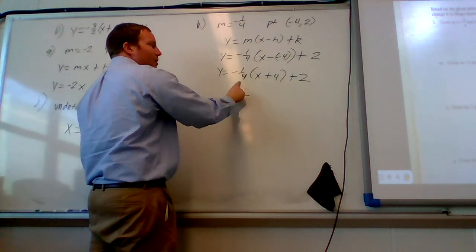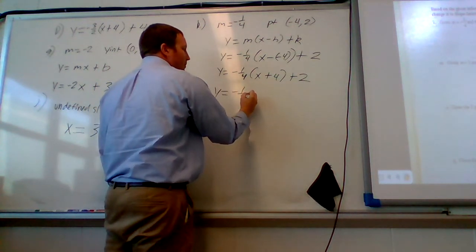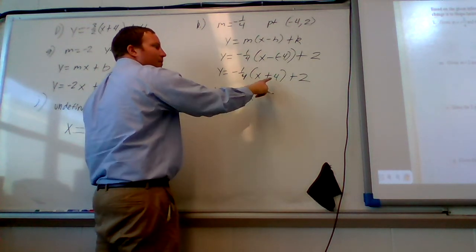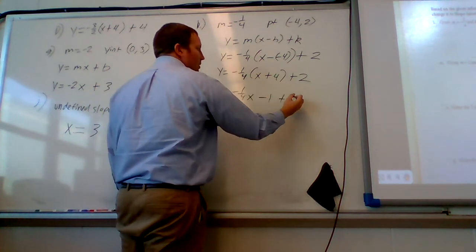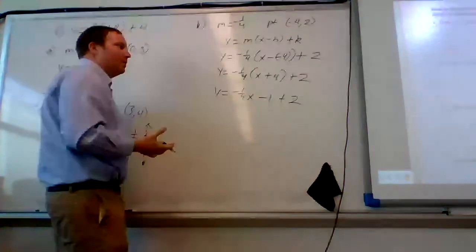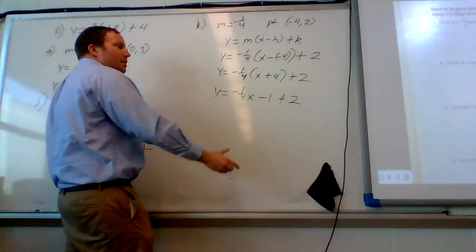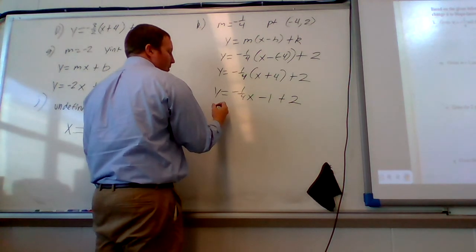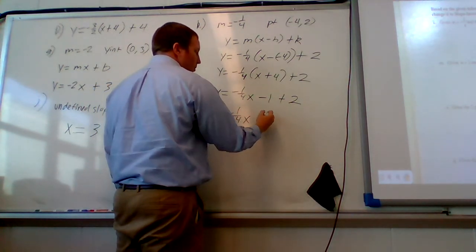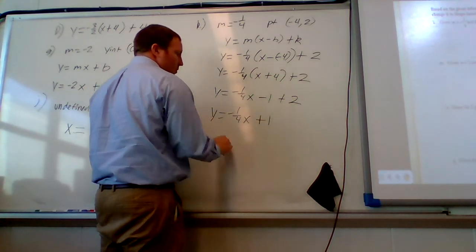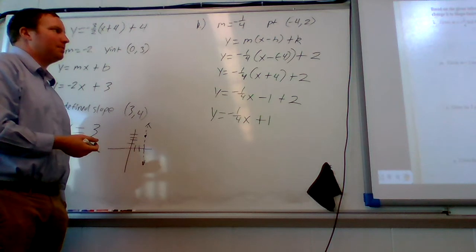So we're going to use our distributive property, so y equals negative 1/4 x. Negative 1/4 times 4 will get us negative 1. We have that plus 2. And once we distribute, we want to get rid of those parentheses. So when we combine our like terms, we're going to get y equals negative 1/4 x plus 1, and there is our slope-intercept form.